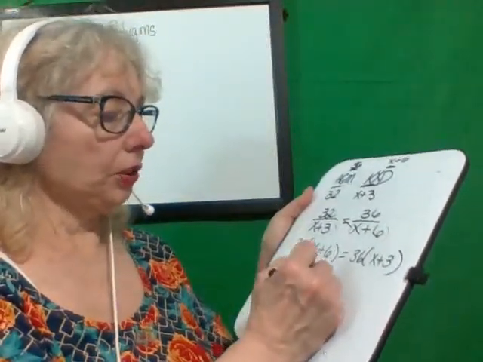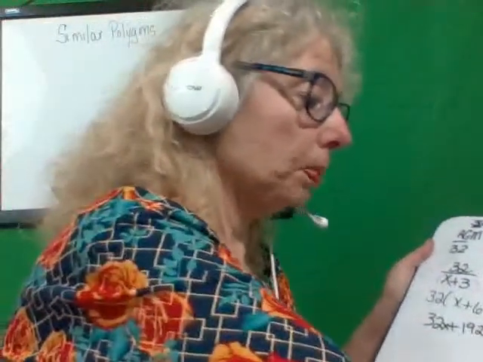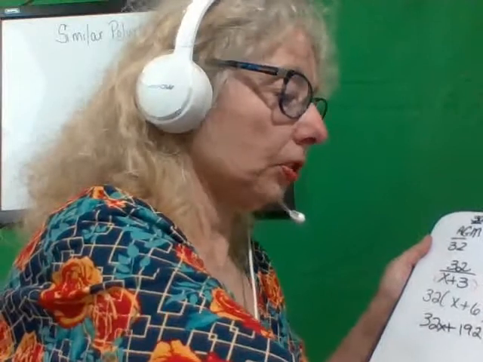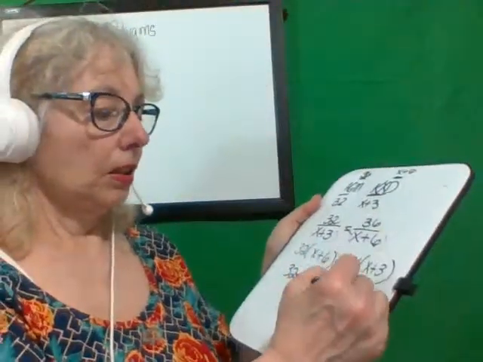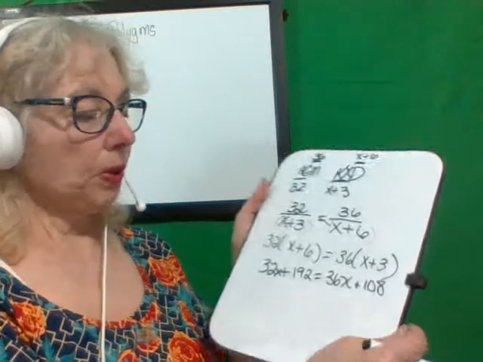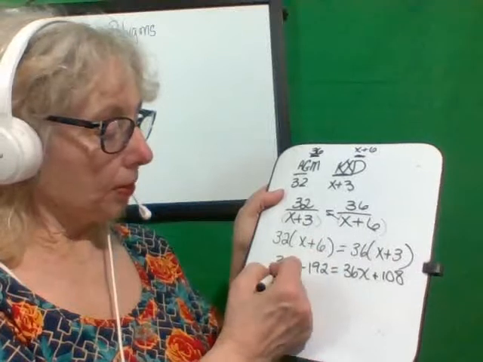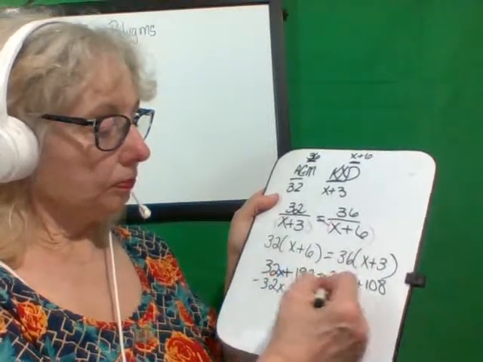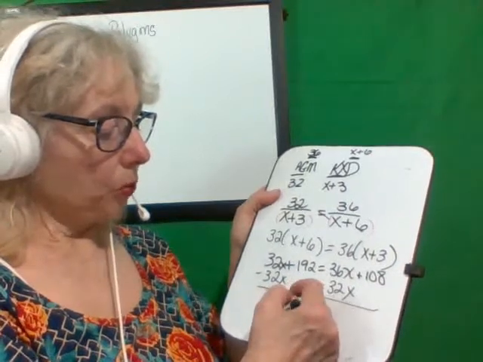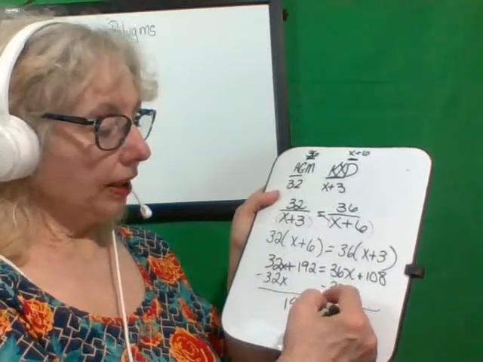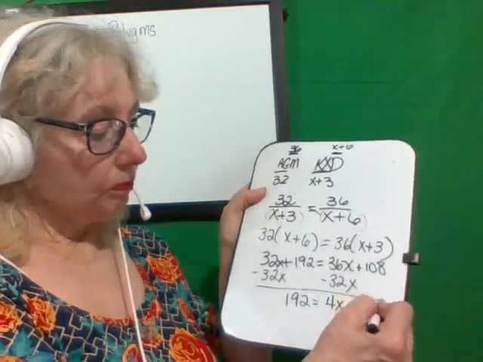Plus 192 is equal to 36x plus 3 times 36, which will be 108. All right, so I'm going to subtract my 32x's. So now I have 192 equals 4x plus 108.